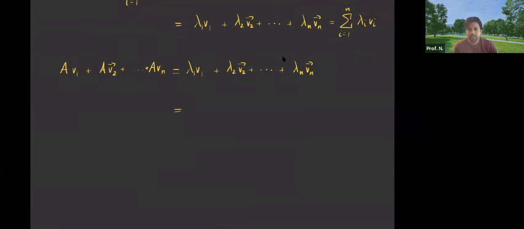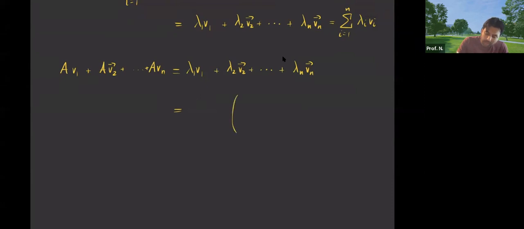A constant matrix times a vector matrix. So your vector matrix would be what?